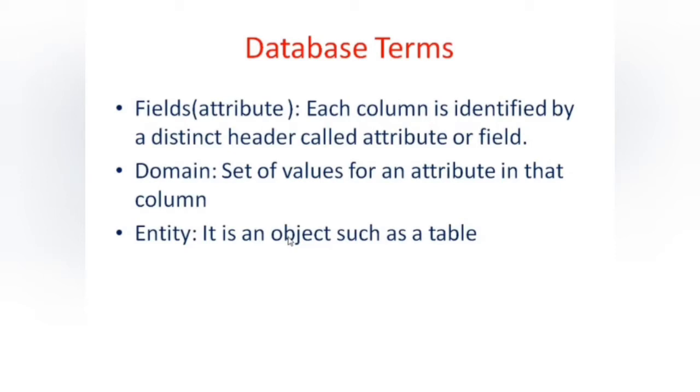So what is an entity? It is an object such as table. Already I mentioned, whenever you mention table, we can also refer to it as entity. Whenever you mention field, that can also be referred as attribute. Whenever you mention row, that can also be mentioned as tuple.